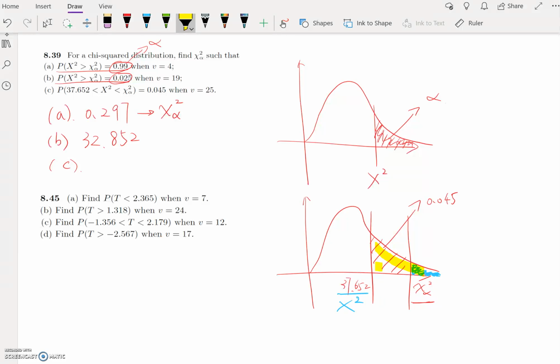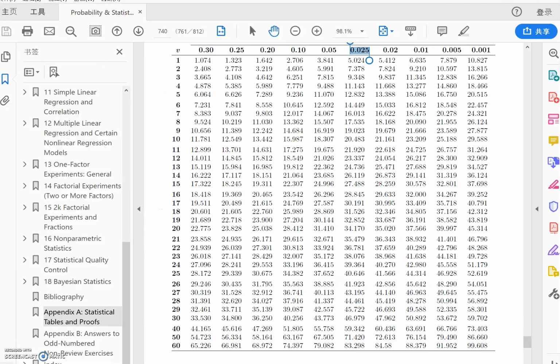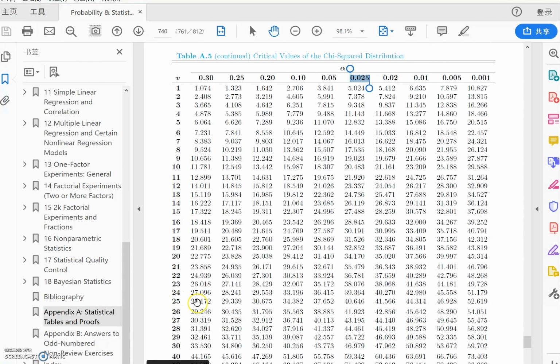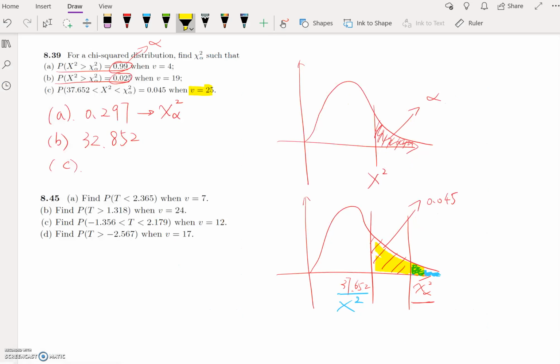So we can look at the table to find the yellow part. 37.652 when V equals 25. 25 right here, and 37.652. So the alpha should be 0.05. So the yellow part is 0.05. We can get the blue part by deducting 0.045 from 0.05.